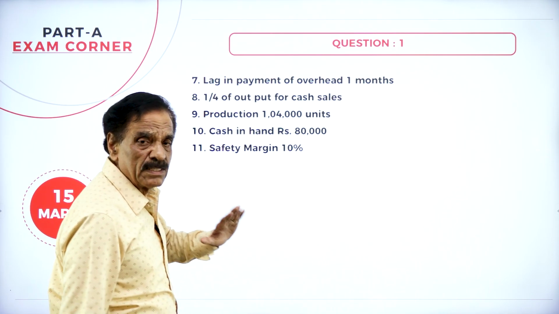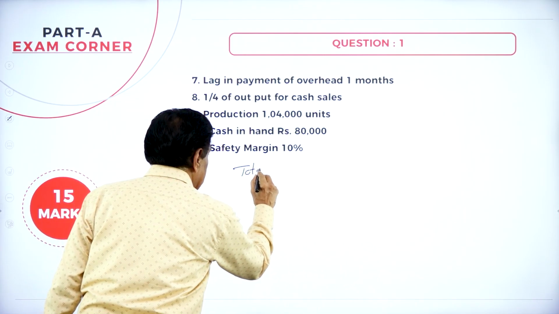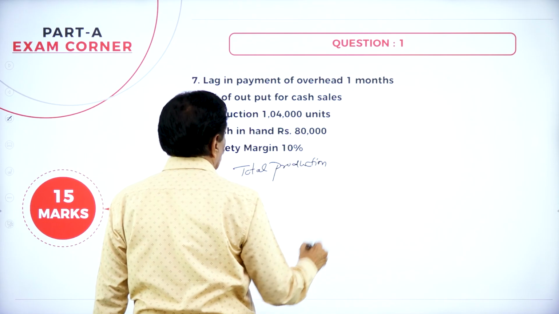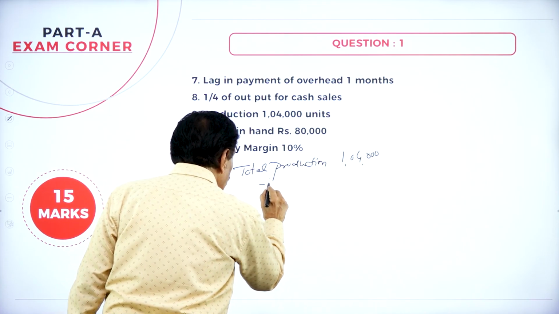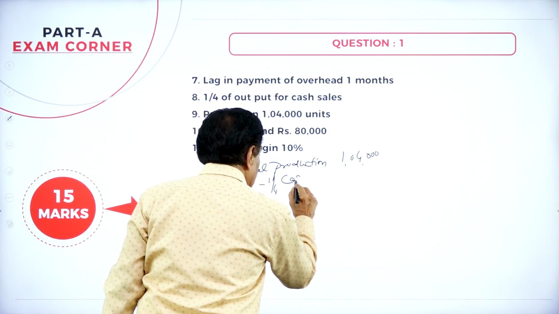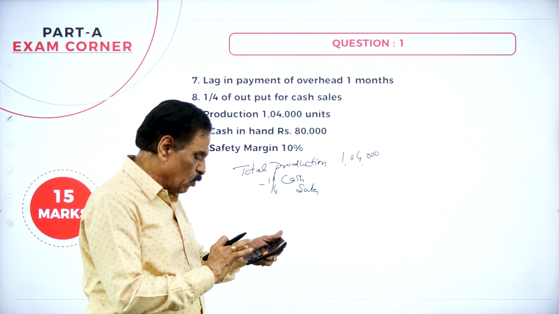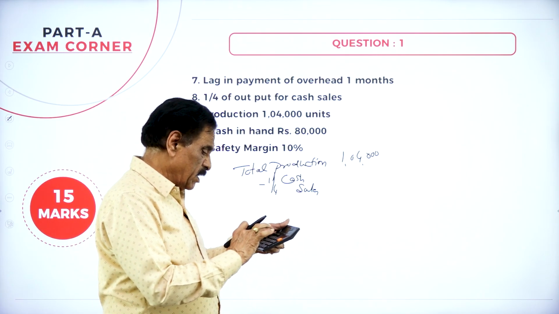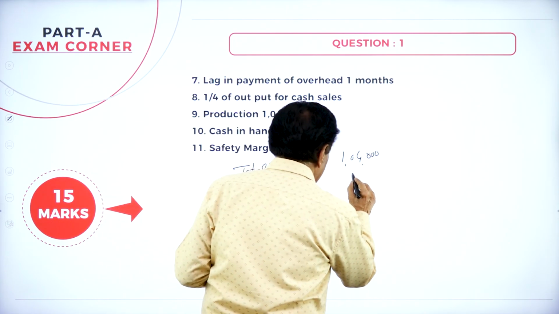First, you'll go with the simple question. Total production 1,04,000 minus 1/4, which is the cash sale. So 1/4 of 1,04,000 is 104 followed by 30 into 1 divided by 4, which is 26,000.